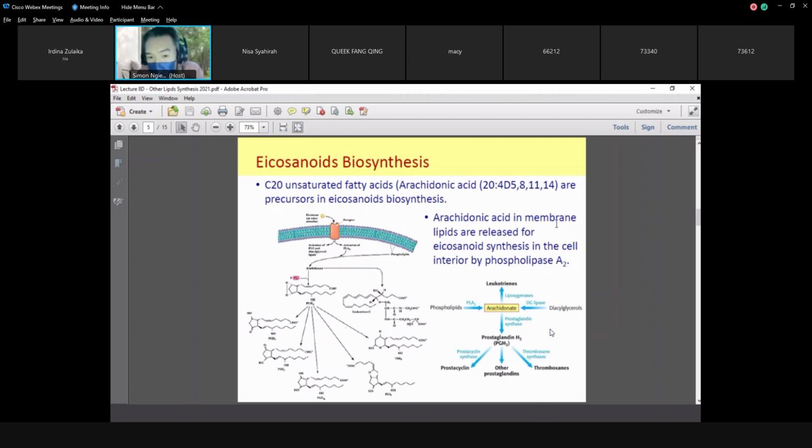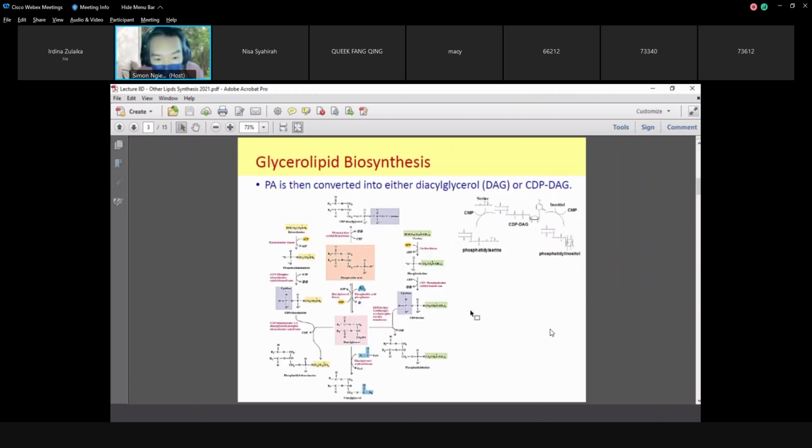Arachidonic acid in membrane lipids is released for eicosanoid synthesis in the cell interior by the enzyme phospholipase A2. So from phospholipid it is converted into arachidonic acid, or it can also be from your diacylglycerol, this one. It can also be from this.